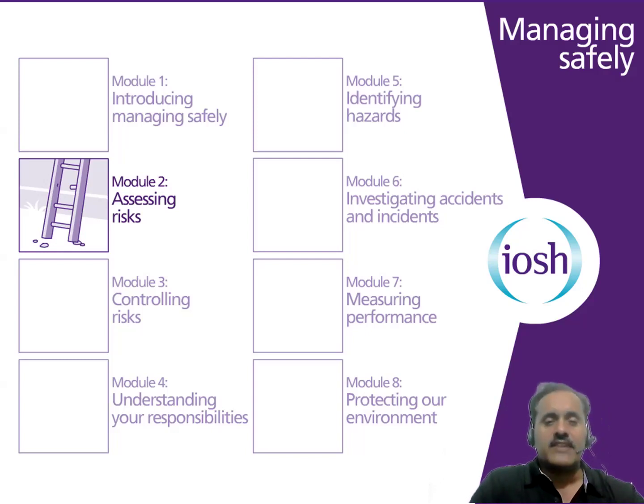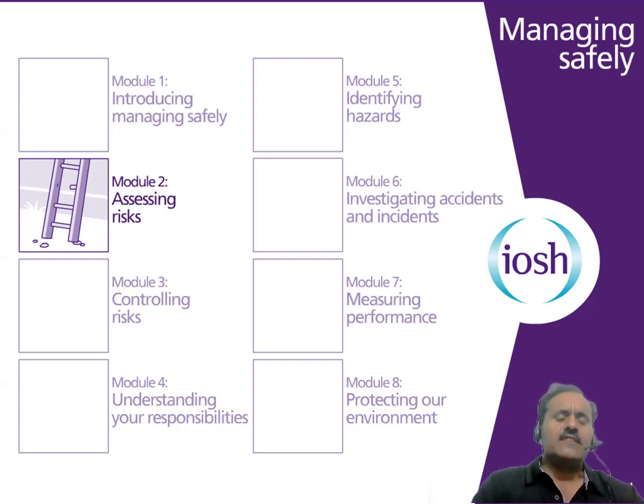The question arises, why is the risk assessment not effective? For example, if your safety manager is not competent, he does not know how to identify the hazard or how to assess the risk in the workplace. Ultimately, accidents will happen because the hazard will not be identified and will not be controlled.